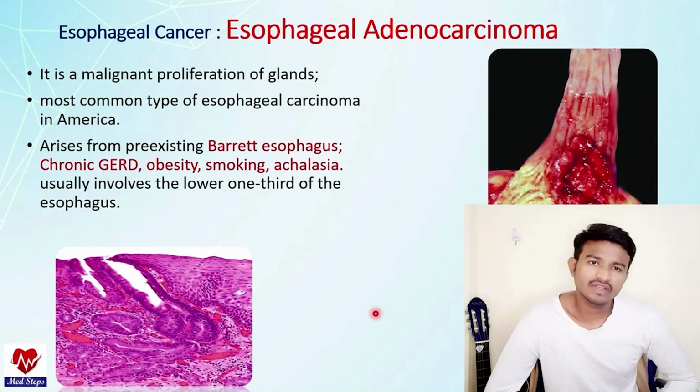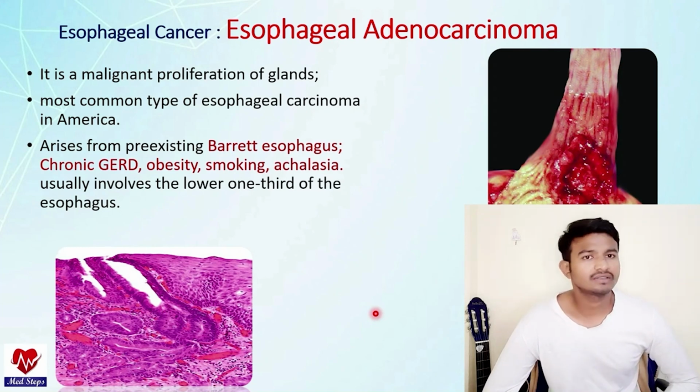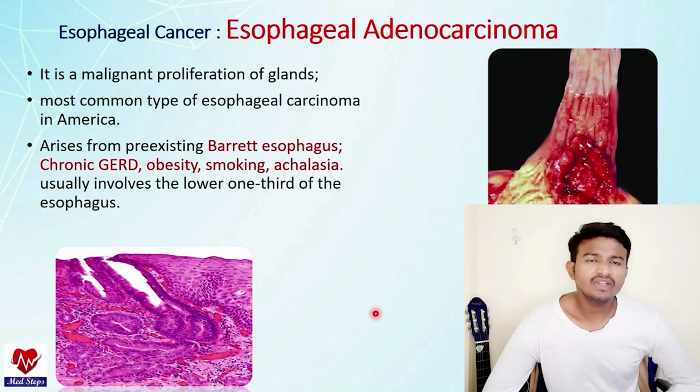Adenocarcinoma of the esophagus means a malignant proliferation of glands. This type of cancer is mostly present in America. Before this adenocarcinoma, we can see pre-existing conditions like Barrett esophagus, chronic GERD, obesity, smoking and achalasia.